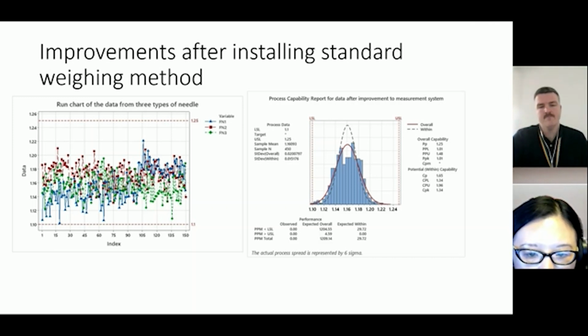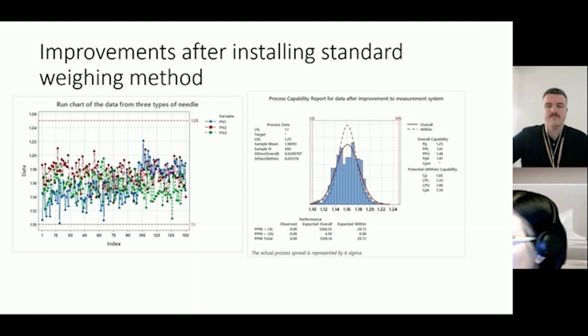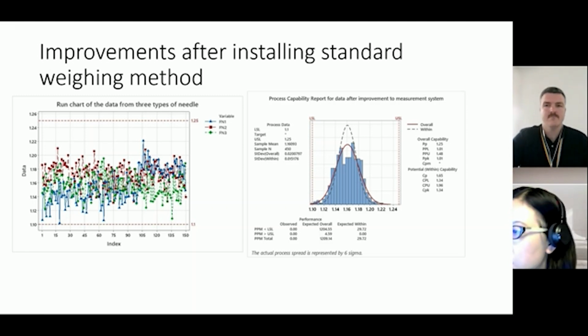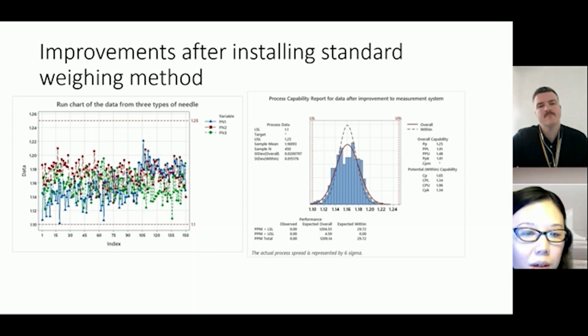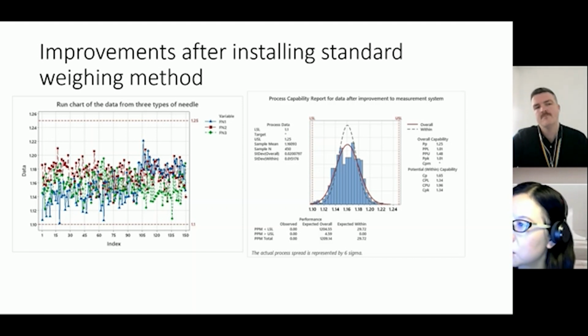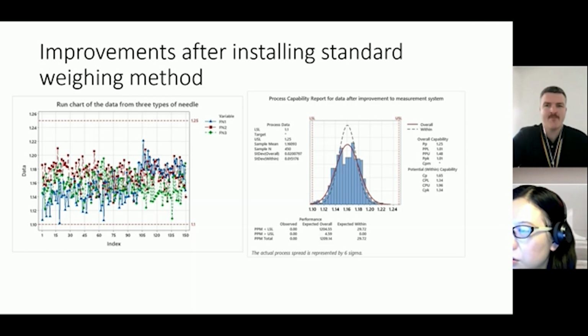And I can see the CPK and PPK are both getting closer to the target. Ideally, we want the capability indices to be close to 1.33, and that's the case for CPK. PPK is getting there. It's good to see some improvement. It's good to see what we've actually done has made some difference, which is great. So that's good.